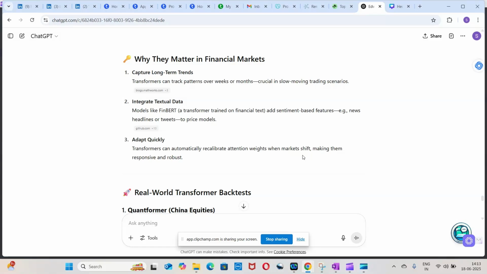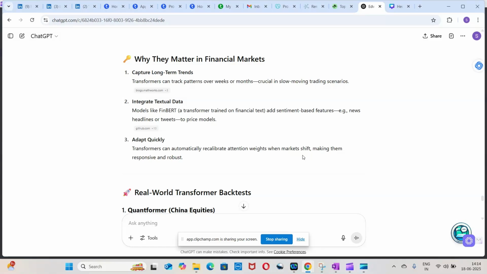So sentiment can be given by analyzing financial text data from news headlines and tweets and passing it to the pricing models. That is the main advantage in integrating textual data and doing sentiment analysis, apart from capturing long-term trends.